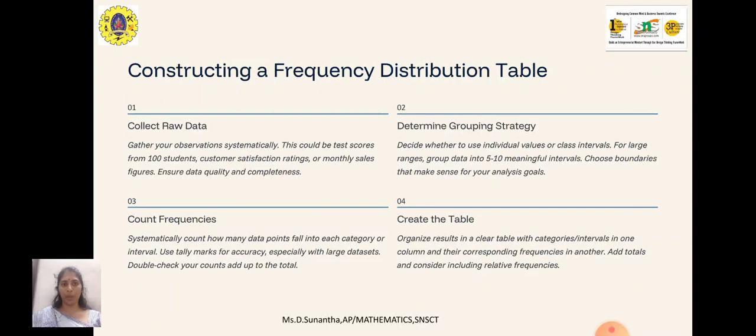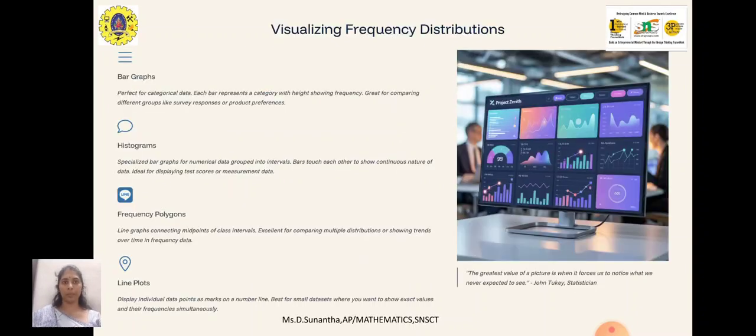Next is count frequencies. Systematically count how many data points fall into each category or interval. Use tally marks for accuracy, especially with large data sets. Double check your count and add up to the total. Next is creating the table. Organize results in a clear table with categories or intervals in one column and their corresponding frequencies in another. Add the total and consider including relative frequency.